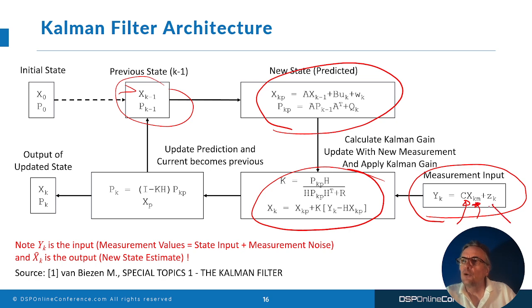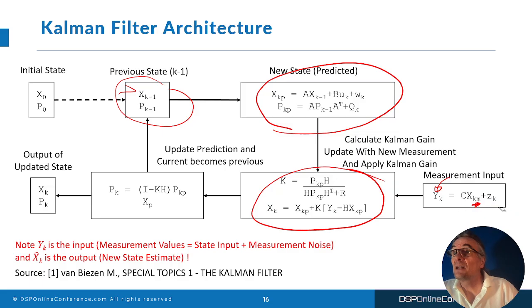And then we have our measurement noise value here. So these are the three inputs into this equation. So if the input is X, then the output, by common standards, is Y. So that's the measurement input equation for the Kalman filter.